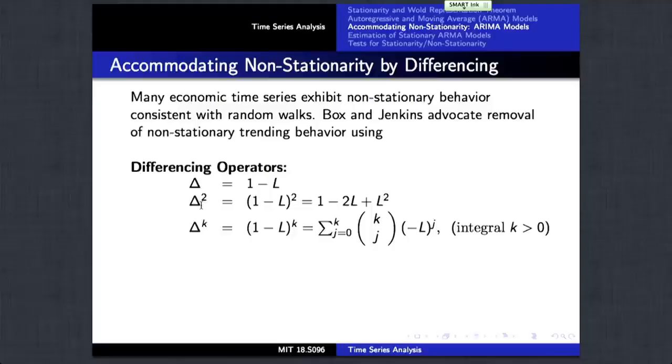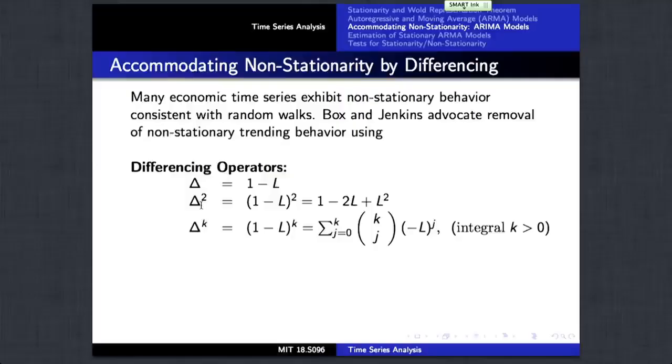The original approaches with time series were to focus on estimation methodologies for covariance stationary processes. So if a series is not covariance stationary, then we would want to do some transformation of the series into a stationary one, so that the resulting process is stationary.